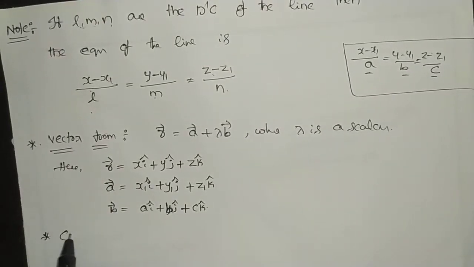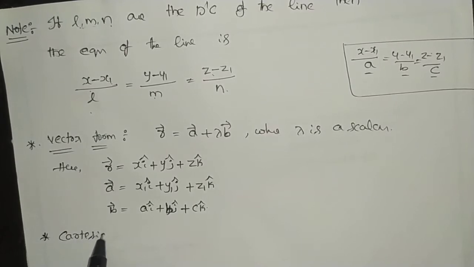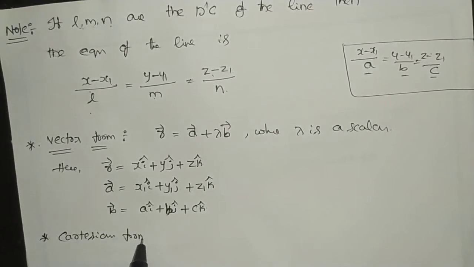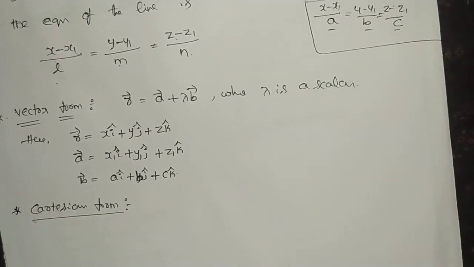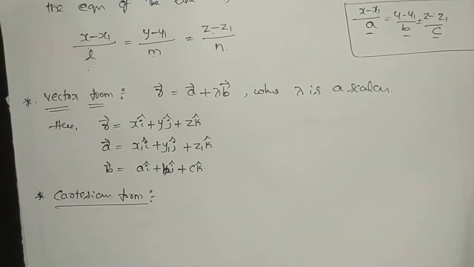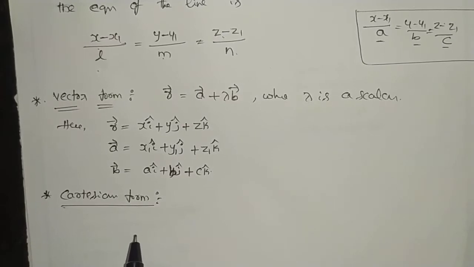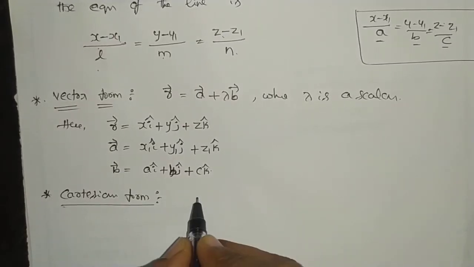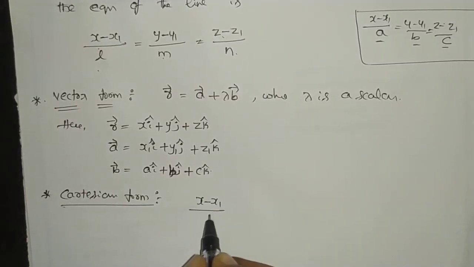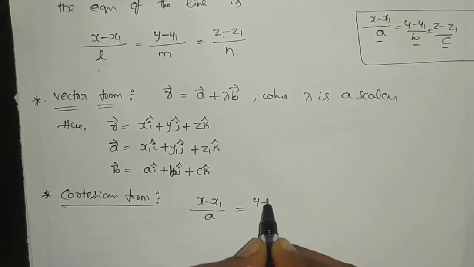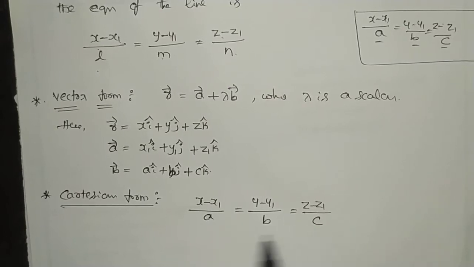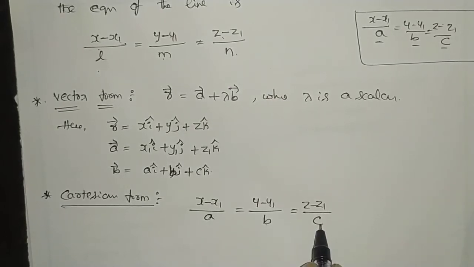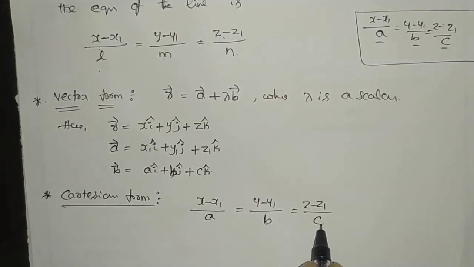It is the vector form. What about the Cartesian form? The Cartesian form of the equation of a line passing through a point and parallel to the vector b is (x minus x1) by a, (y minus y1) by b, (z minus z1) by c, where a, b, c are the direction ratios of the line.